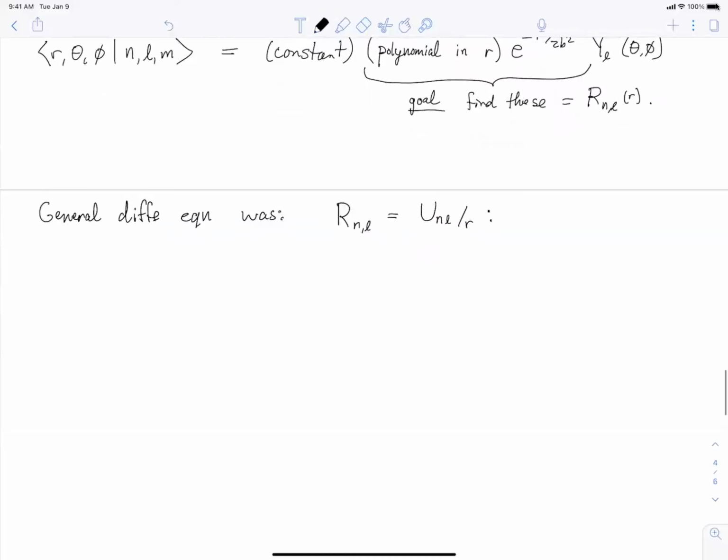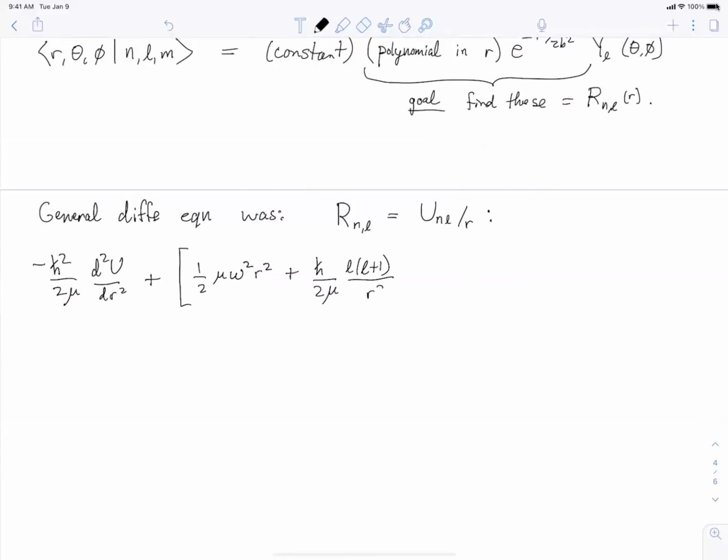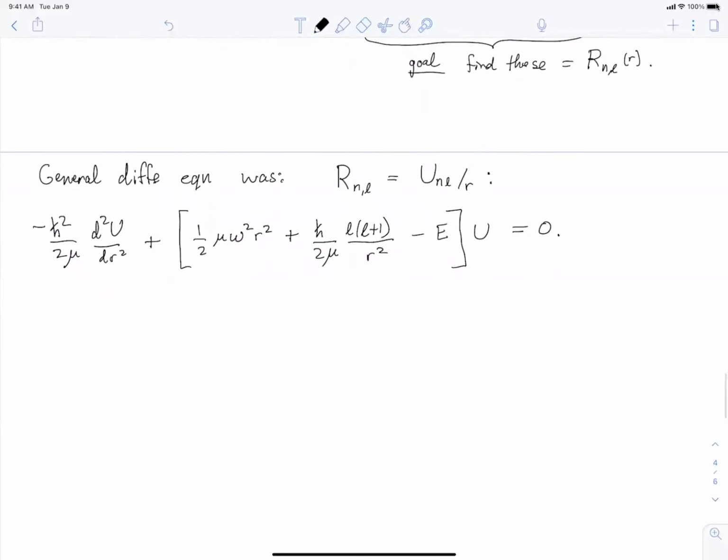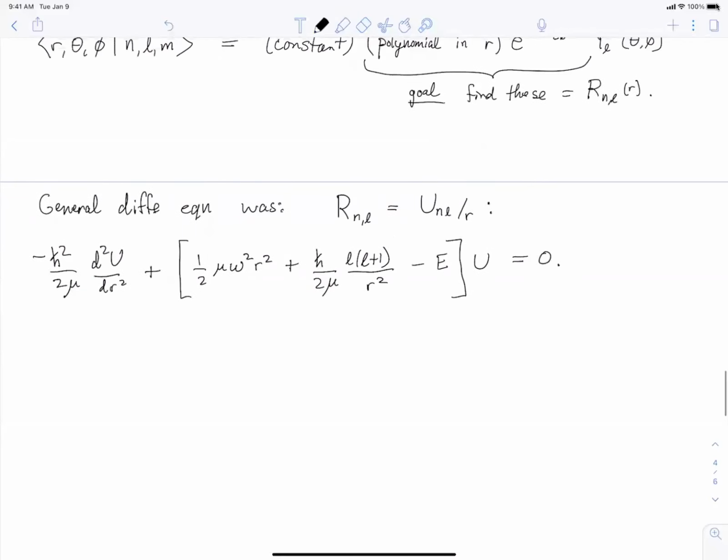And then this turned out to be minus h bar squared over 2 mu, second derivative of u, plus the potential, which now is 1/2 mu omega squared r squared, plus the centrifugal part, which was L times L plus 1 over r squared, minus the energy, all of that times u is equal to 0. And we're going to be solving that for every different value of L.